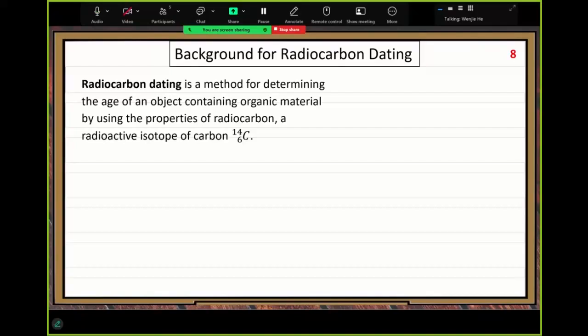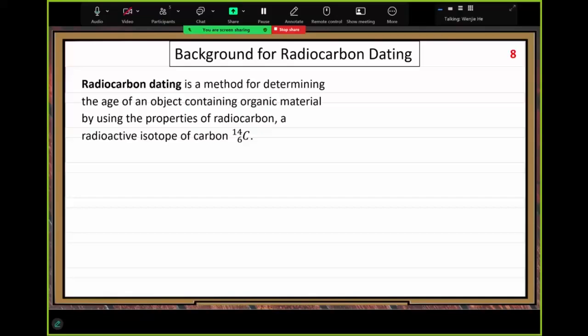The other 2 are not radioactive. This radioactive carbon isotope has a special usage: it can be used to determine age information.